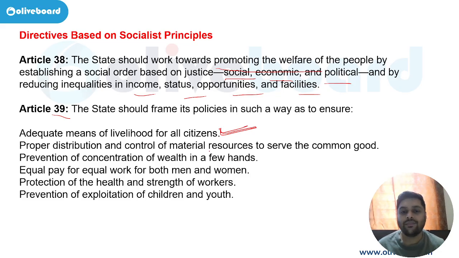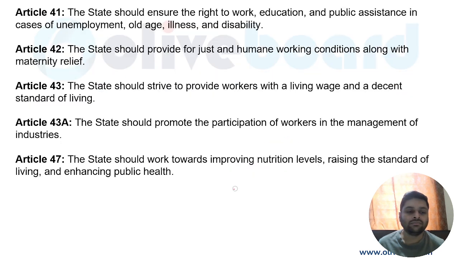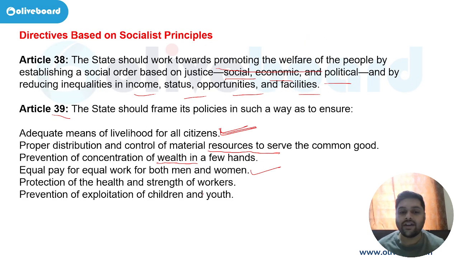There should be proper distribution of material resources, prevention of concentration of wealth, wealth should not be concentrated in some people's hands, equal pay for equal work for both men and women, protection of health and strength of workers, and prevention of exploitation of children and youth. So you can see these are general principles, directives which are given to the government. We have to keep in mind Articles 38, 39.